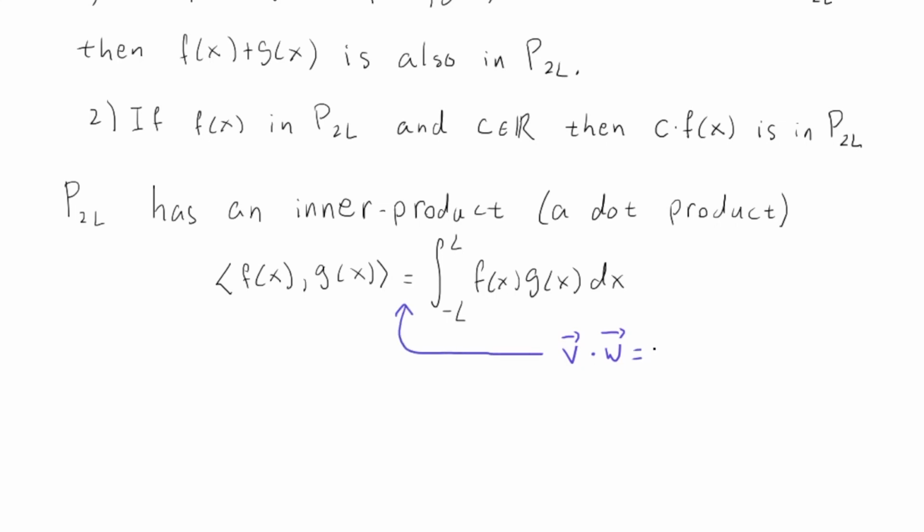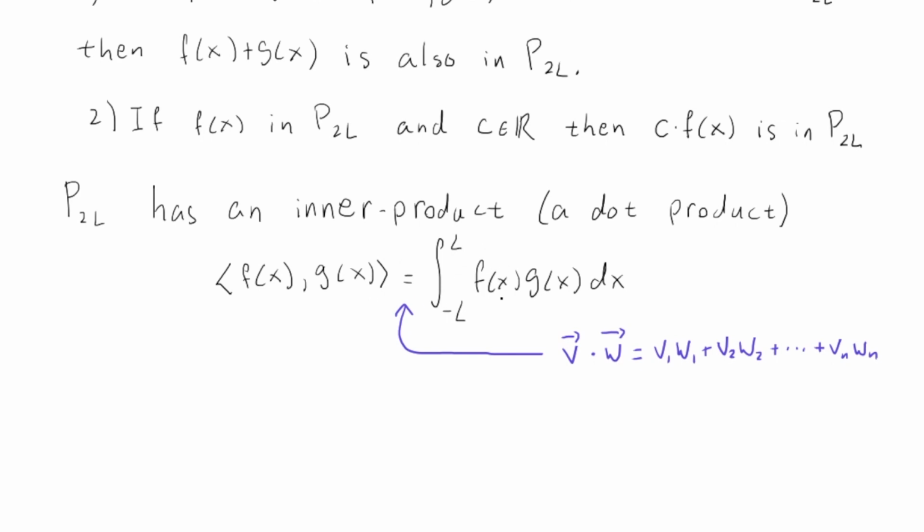In Rn, the dot product is you multiply the components, right? You take v1 w1, v2 w2, plus vn wn. That's how we define the dot product in Rn. In this space of periodic functions, that's how we define the dot product.